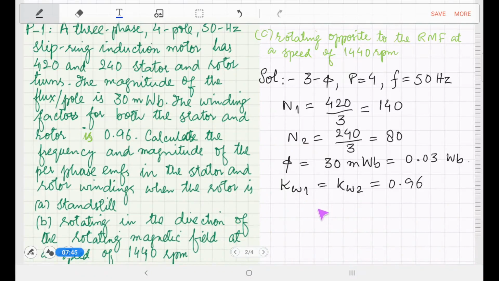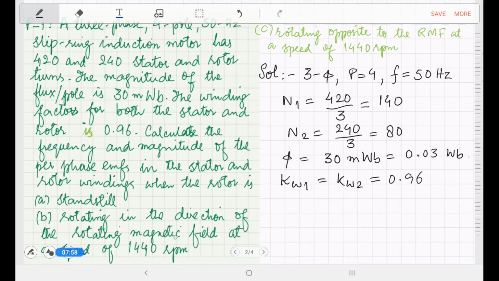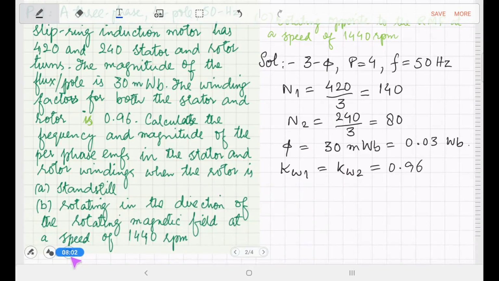Now, as far as the EMF induced in the stator is concerned, we see from the expressions that the EMF induced is independent of the rotor speed, and therefore it will be same in all the 3 cases. It will not be affected by the speed of the rotor. Let's therefore proceed to calculate the EMF induced per phase of the stator.